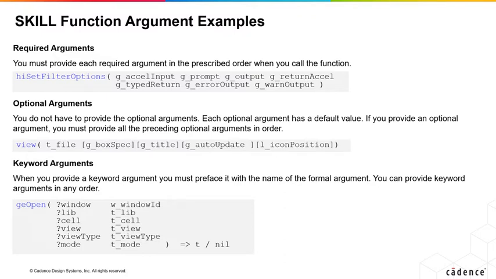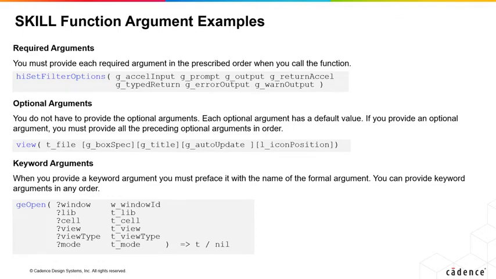There's an auto update feature, either T or nil, that says if I'm updating this file in the file system, do I also see the update in the file window I'm viewing? And so by setting that to T, if you were continuing to write to the file in the file system, the user would continue to see the updates appear in the window they were viewing. And then the fifth argument here is the icon position.